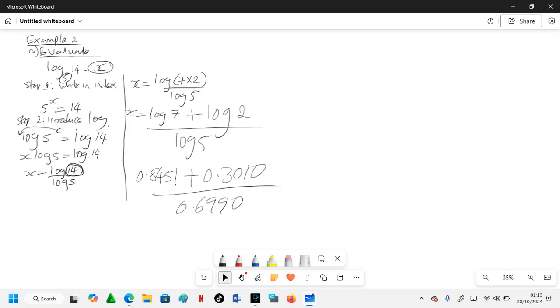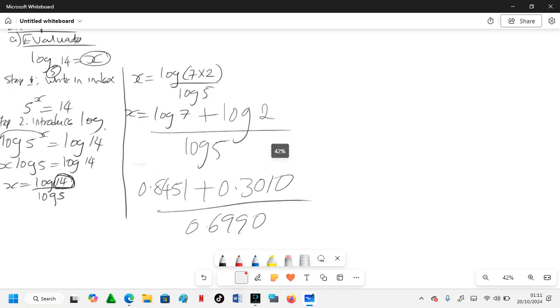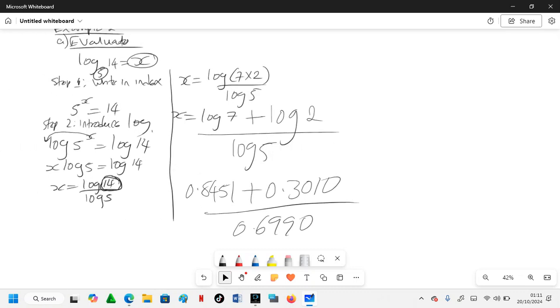So where were we? We had the question, and the question was simple. We were supposed to evaluate log to base 5 of 14 is x. So you say that 5 to the power x is 14.